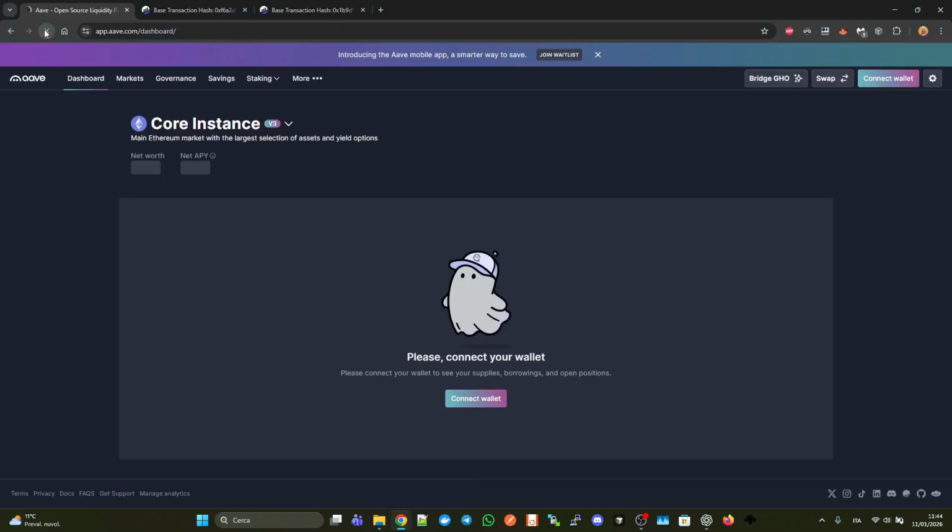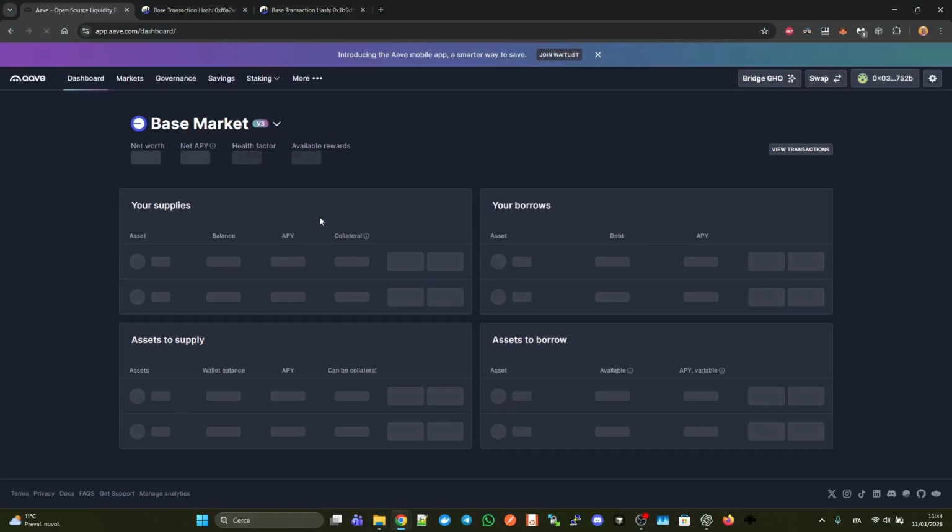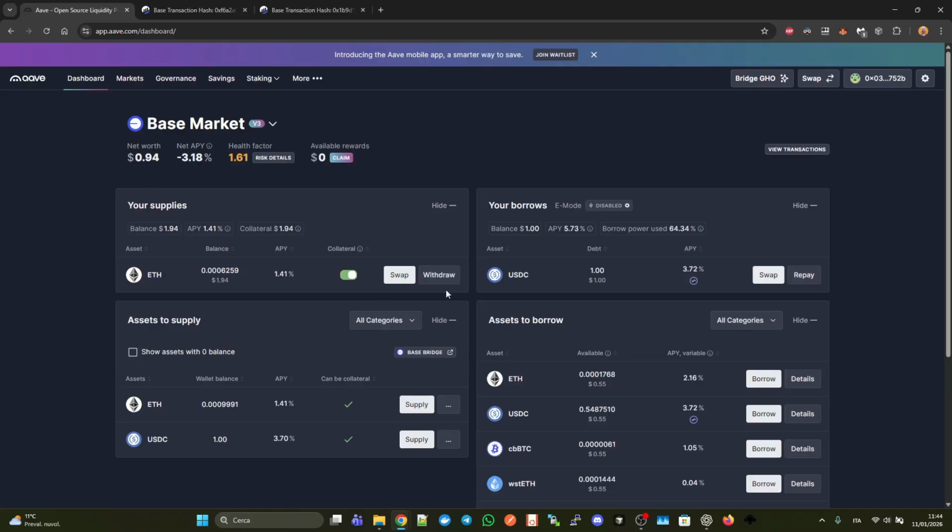Now it should also update this dashboard here. So as we can see here, we have our USDC, $1. We have also seen it in our wallet, and we are paying to borrow this asset an APY of 3.72%.